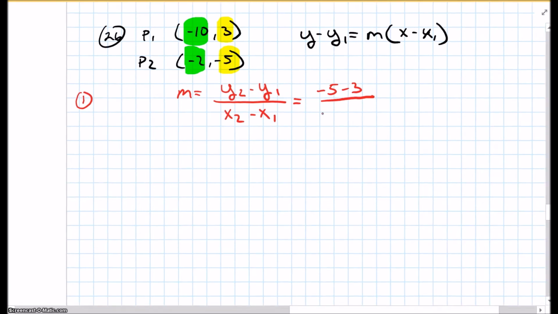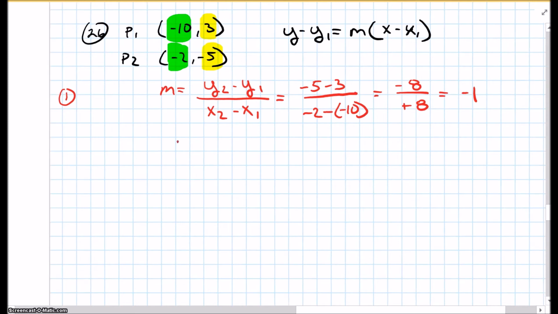So that's going to be negative 2 minus negative 10. So that's going to be negative 8 over positive 8, which will be negative 1. So now I know the slope, so m equals negative 1.